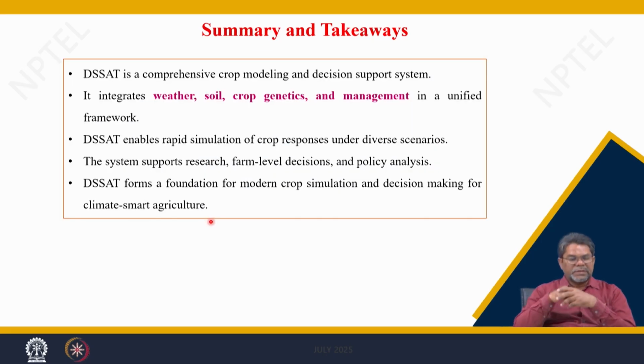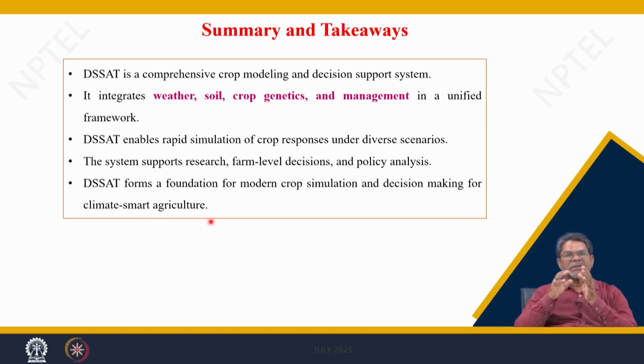And with this we can see the summary. DSSAT is a comprehensive crop modeling and decision support system. It integrates the weather, the soil, crop genotypes and the management in a unified framework. The inputs are the weather inputs, soil inputs, genotype parameters of the crops and the management inputs, and that gives the output based upon the user's interest.